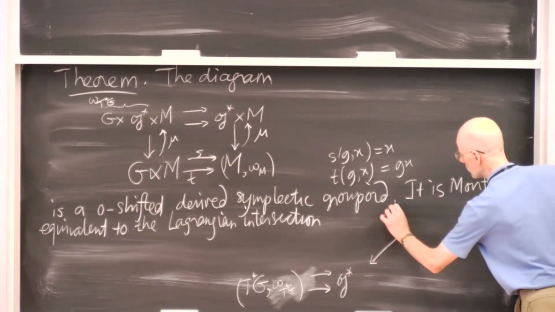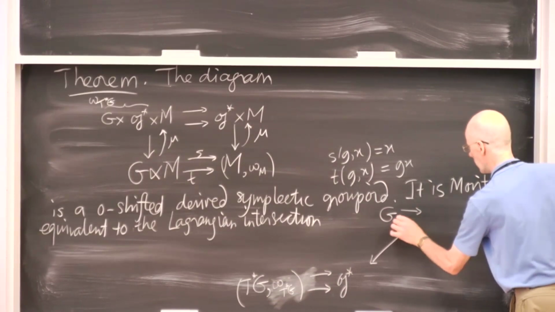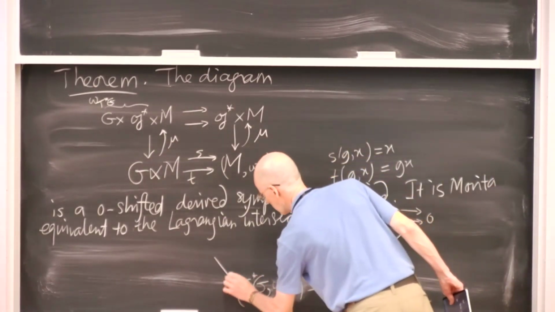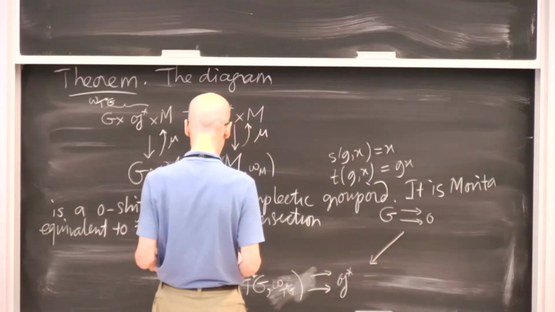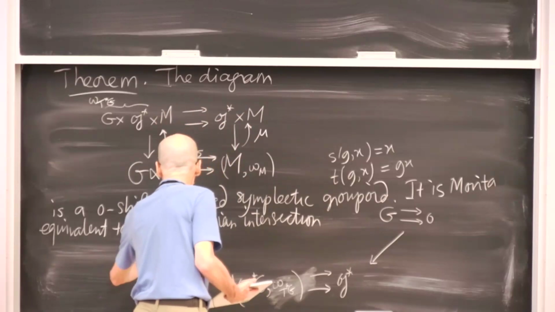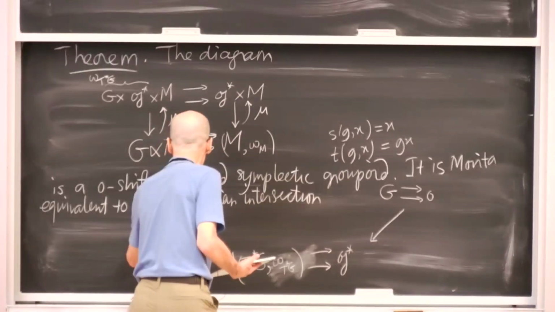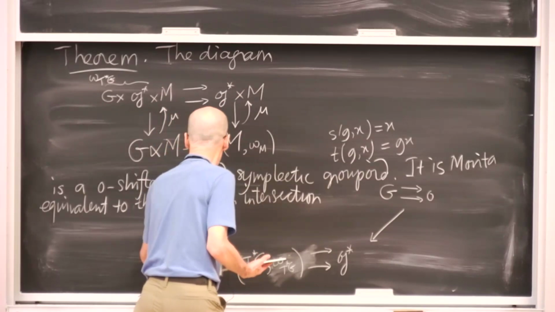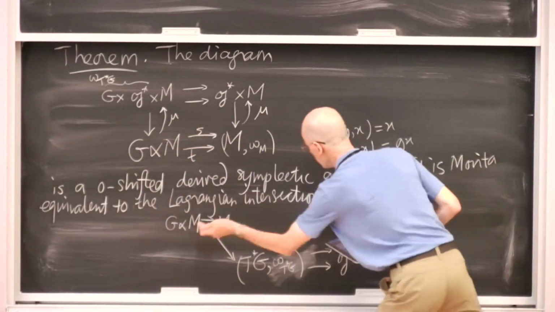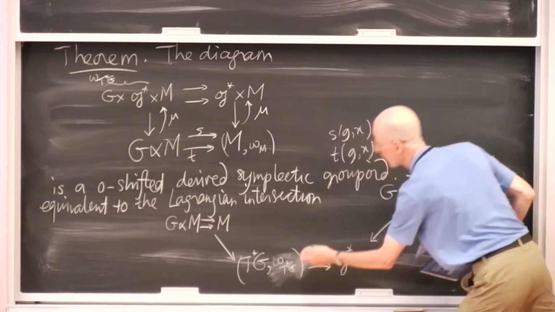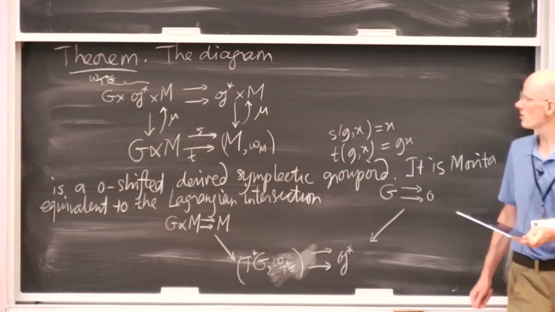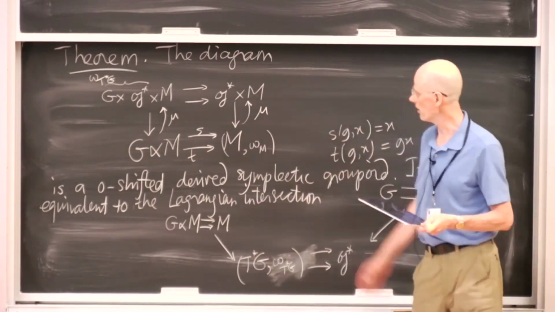One is the trivial groupoid with fiber the group. And the other one is the action groupoid. You can regard these groupoids as Lagrangians in the symplectic groupoid and take a derived intersection, and that's equivalent to this diagram.